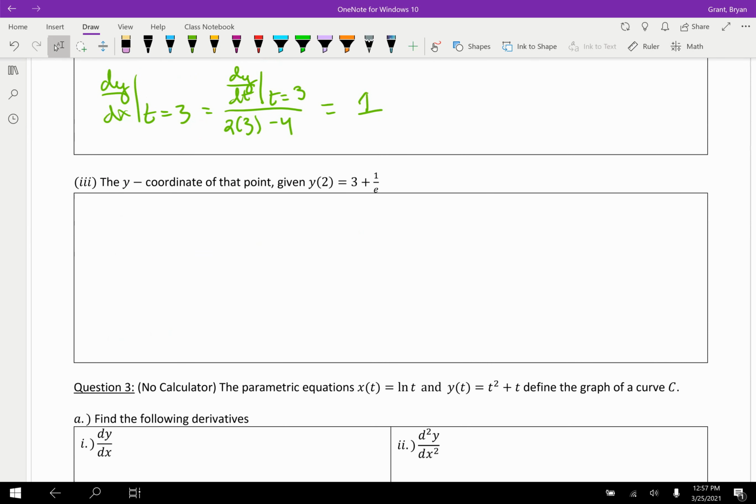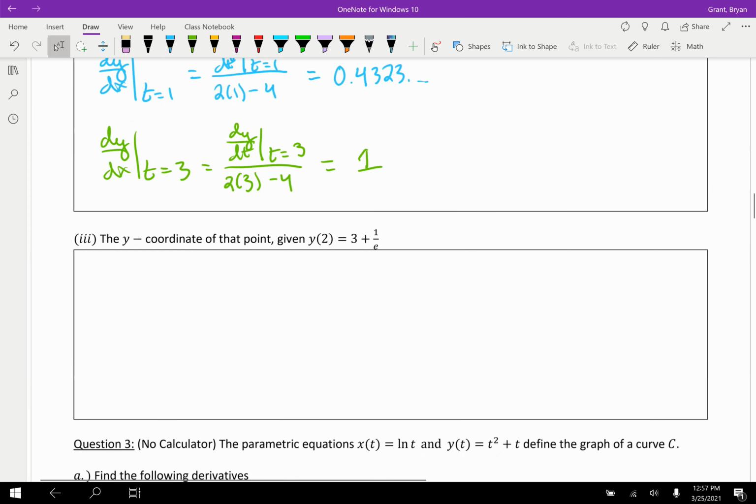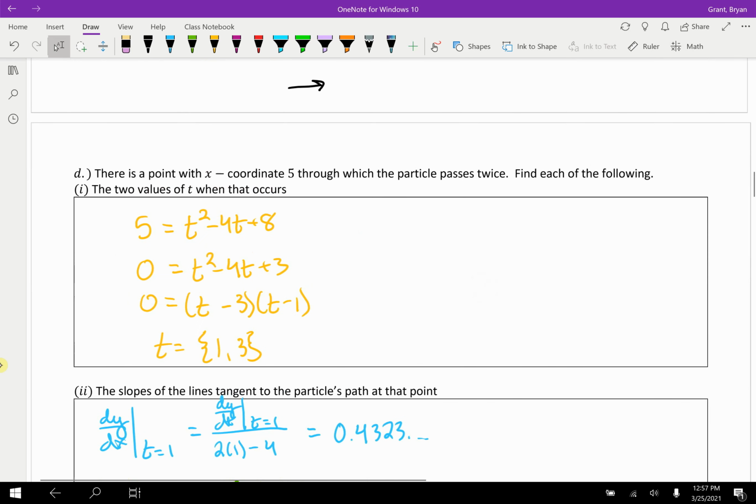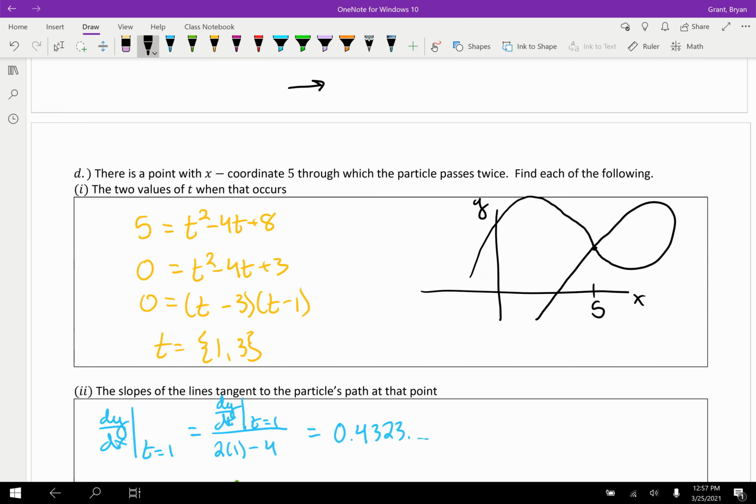Find the y-coordinate of that point. Okay, well, that's interesting. So there's an x-coordinate 5 through which the particle passes twice. So what is really happening here? Well, if you have an xy axis, we found that an x of 5, I don't know where this is, but essentially this is going to come up, and then who knows, maybe my graph looks something like this.